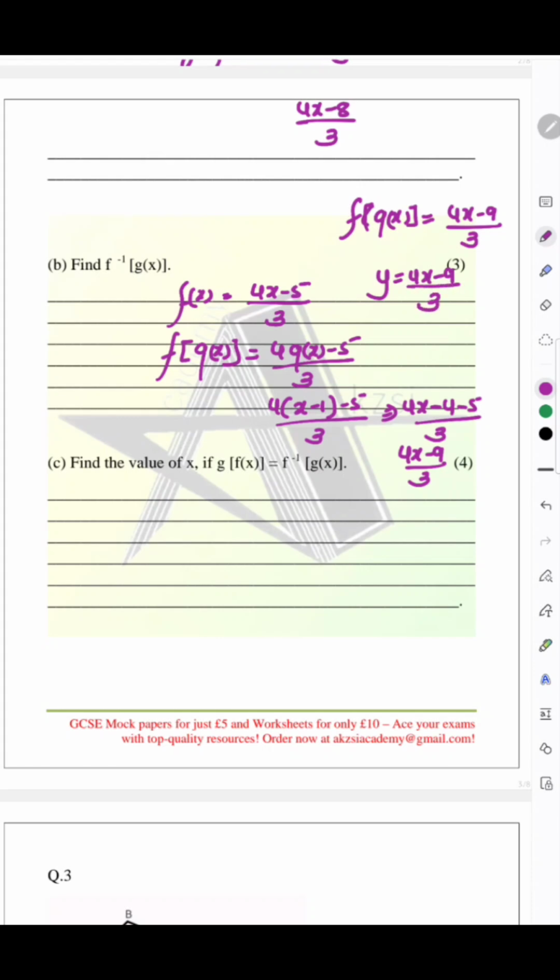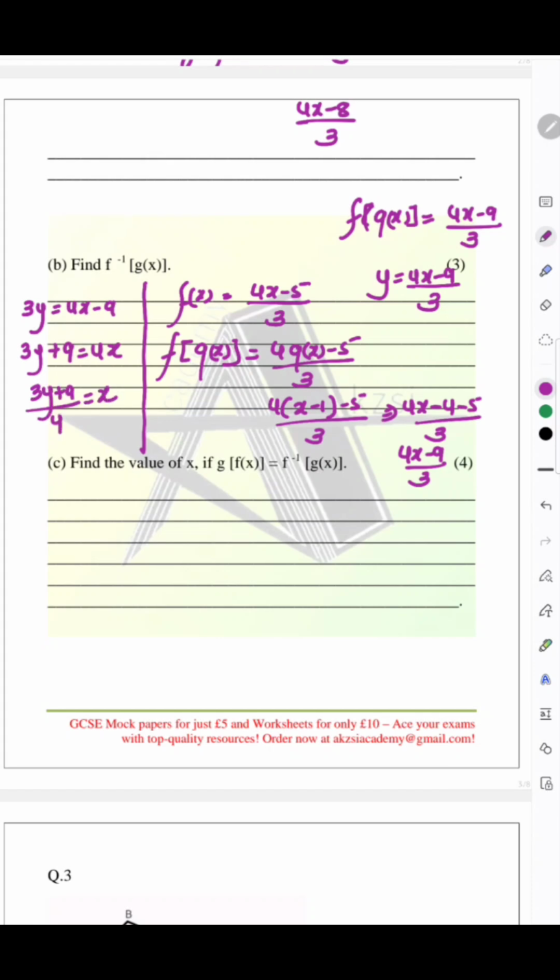When calculating simple functions, y is the subject, whereas in this case x would be the subject. So cross multiplying, I'll get 3y equals 4x minus 9. Moving 9 onto the left hand side, 3y plus 9 equals 4x. And dividing both sides by 4, I'll get (3y plus 9) over 4.